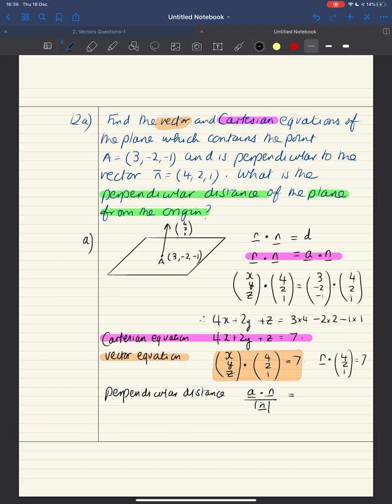so a dot n is 7, and then the size of n is the square root of 4 squared plus 2 squared plus 1 squared. Okay, so it's 7 over the square root of 16 plus 4 plus 1, which is 21. 7 over root 21.